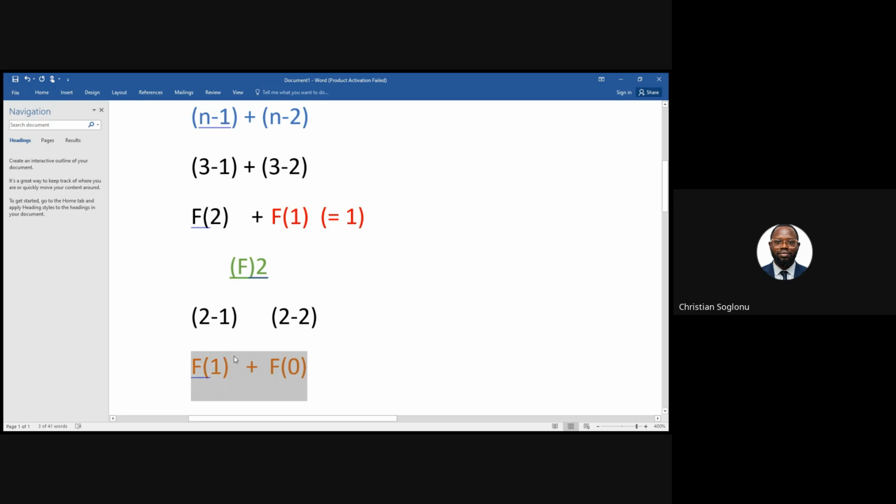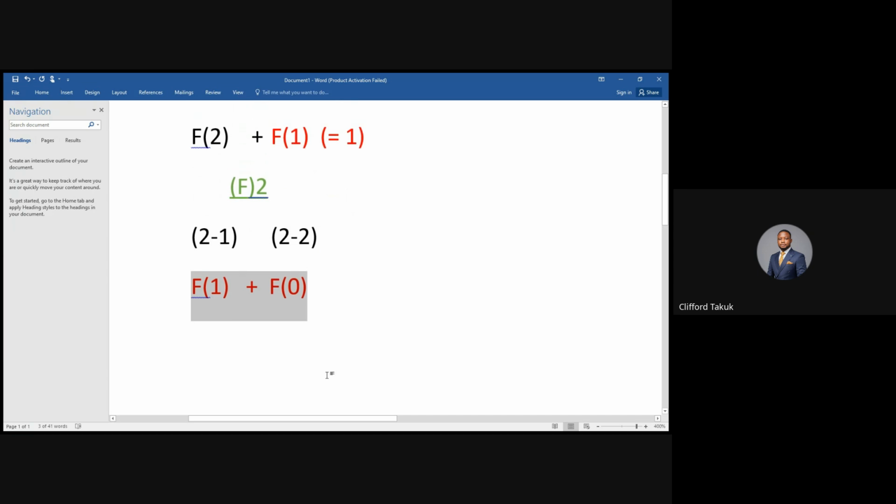Those ones we are not proceeding with again. Now, for us to get our final answer for Fibonacci of 3, we have to pick those in red: Fibonacci of 1 plus Fibonacci of 1 plus Fibonacci of 0.